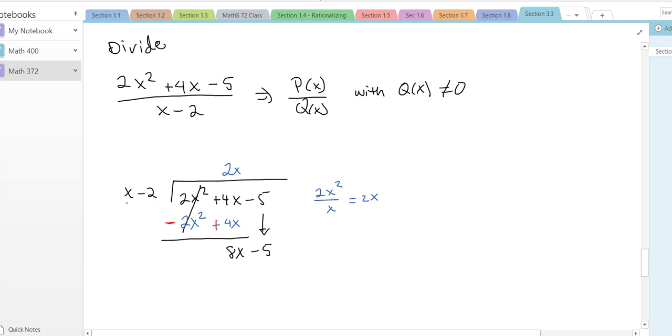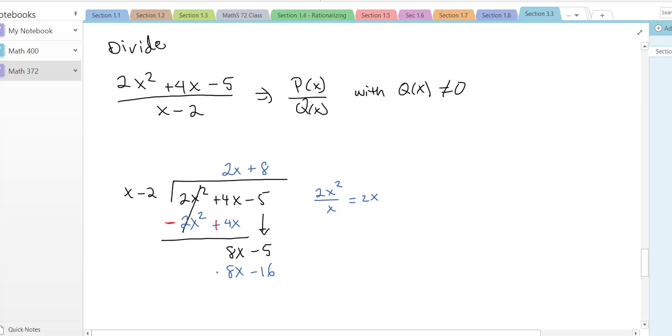Can I keep going? Yes, the degrees are the same. They're both linear, so I can keep going. I stop when the degree of my new dividend is smaller than the degree of the divisor. So what do I multiply x by to get 8x? We multiply it by positive 8. 8 times x is 8x. 8 times a negative 2 is negative 16.